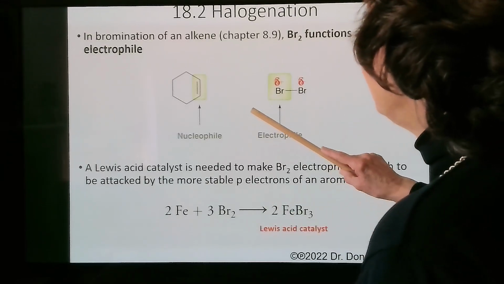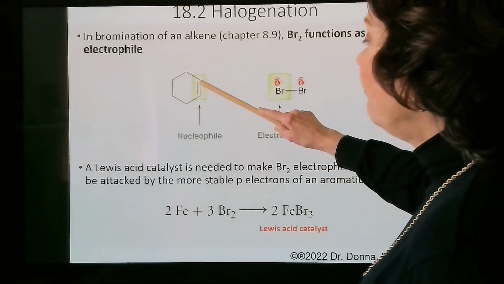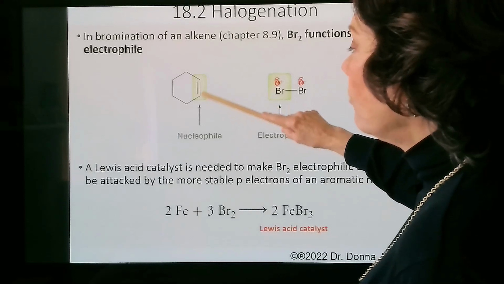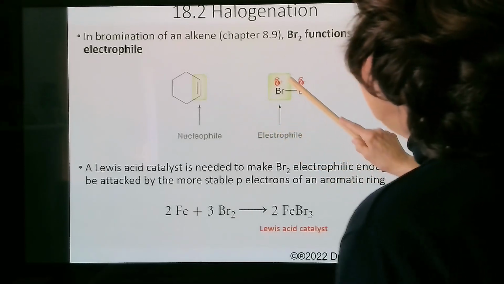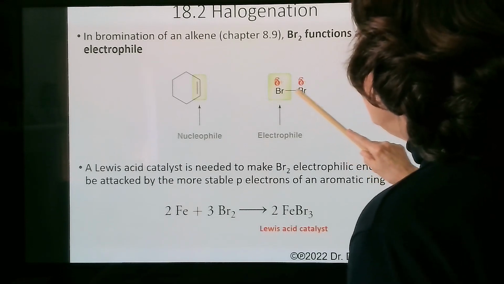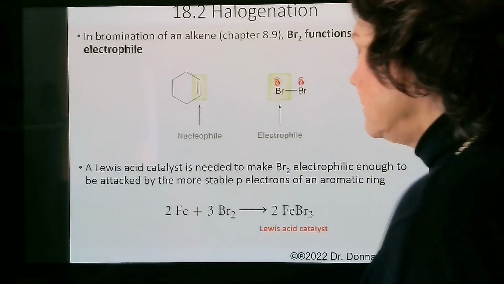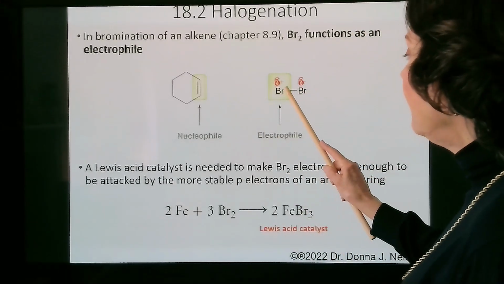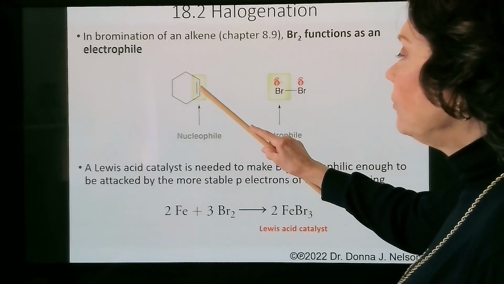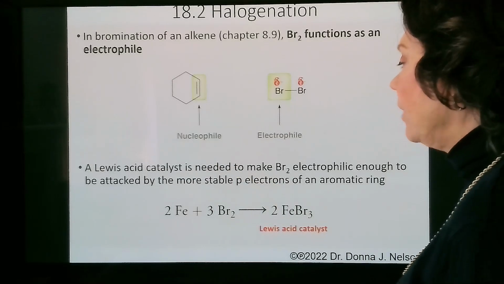So here, this is the nucleophile in bromination. This is the electron-rich center, the pi bond. This is delta plus, delta minus, the bromine electron density in the molecule becomes polarized in the presence of this electron-rich center.